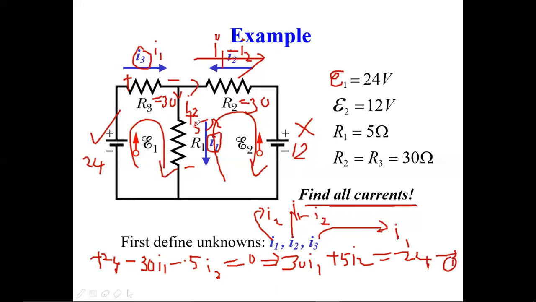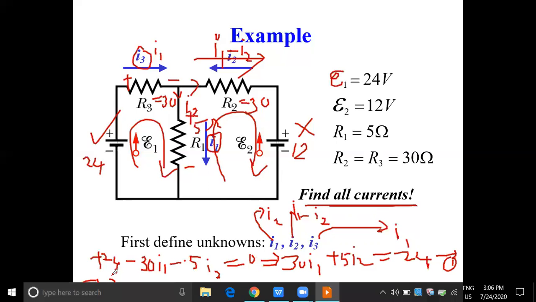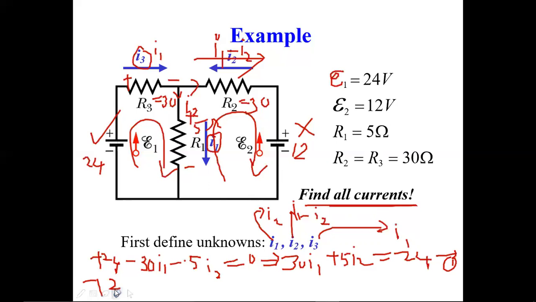Next, what about equation number 2? For equation number 2, I used to start from the independent branch. From here or here, you can use 30 ohms or you can use 12 volts. Let me start from the leaving sign. The leaving sign of this battery is minus 12. Next, the leaving sign is plus 5 into I2.